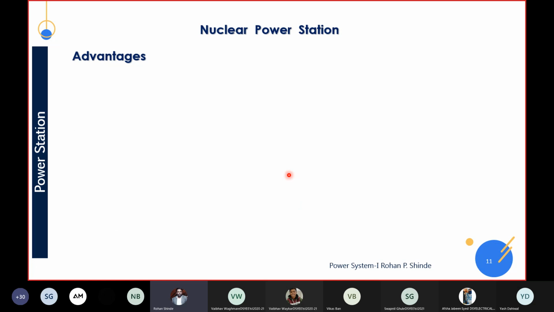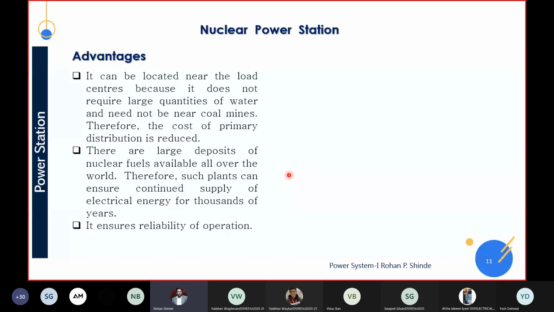Okay. Now next, it can be located near the load center because it does not require a large quantity of water. Right. See here, this power plant does not require a large quantity of water, so it can be located near the load centers. So there is no need to build the power plant near the coal mines. See here, if coal power plants are there, we have to build the power plant near the coal mines, right?